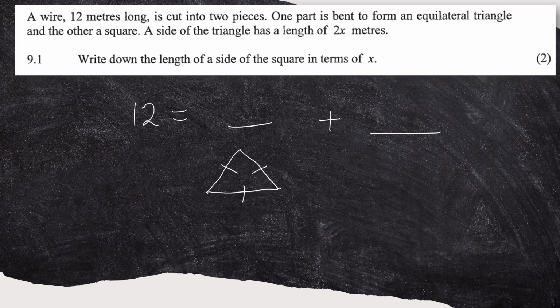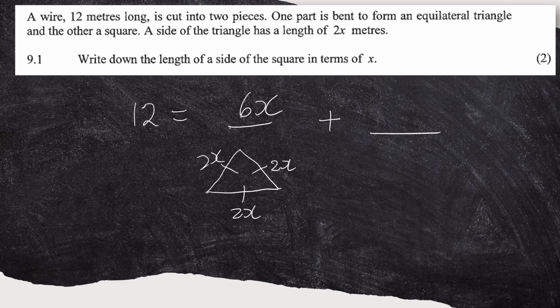Remember, an equilateral triangle has all sides equal, with a length of 2x. So if we express the perimeter of this equilateral triangle in terms of x, this is 2x, 2x, 2x, it will be 2, 4, 6, so this will be 6x.